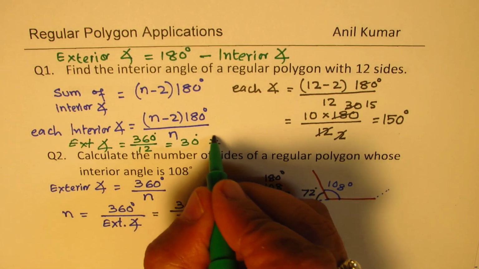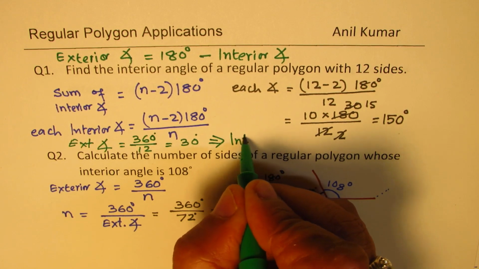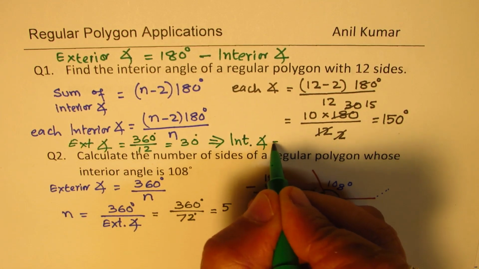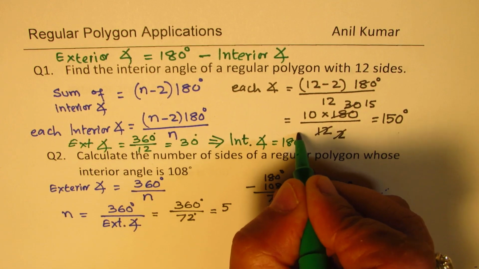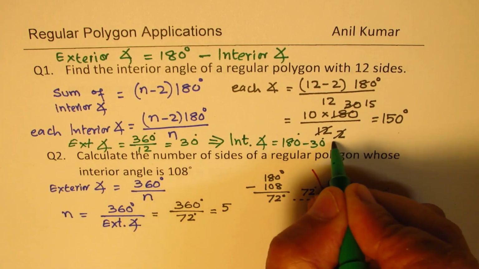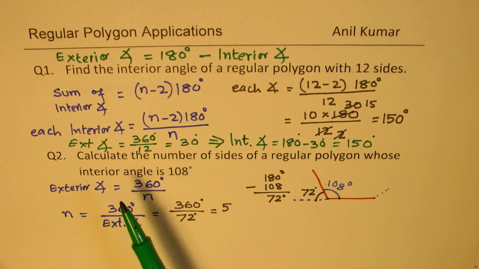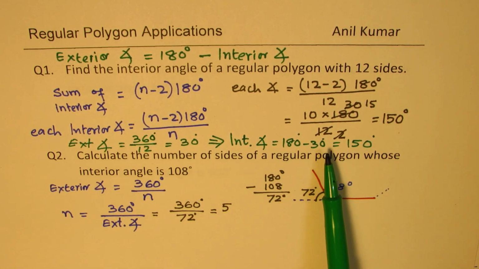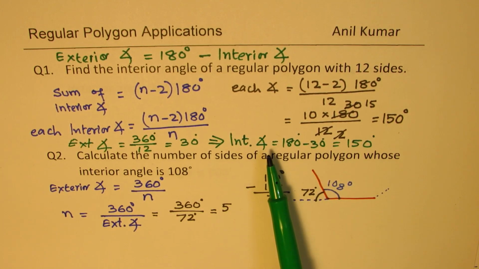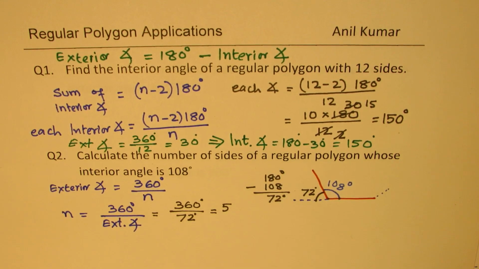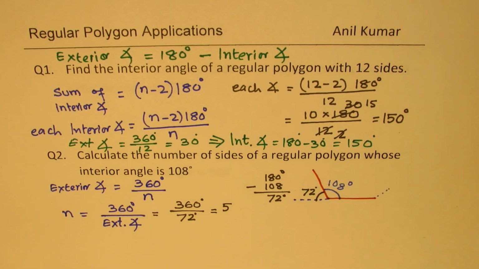And therefore the interior angle will be equal to 180 degrees minus 30 degrees, which is 150 degrees. Do you see? In this, we have the least amount of calculations, and that is the key. So what you learn here is a relation between exterior and interior angles, which is normally not used in the books. But here is a strategy which you should apply to solve such questions. I hope that makes sense.